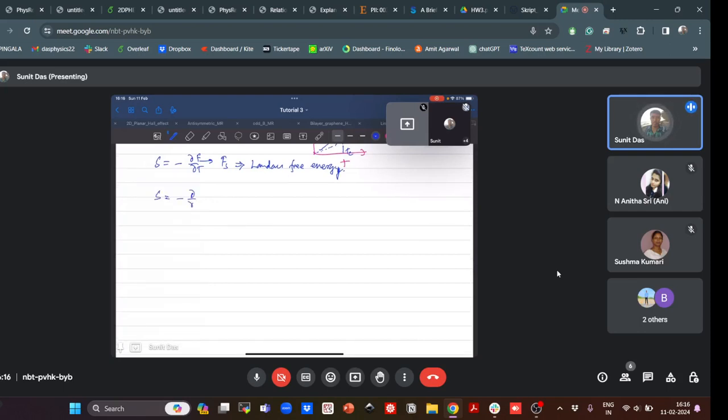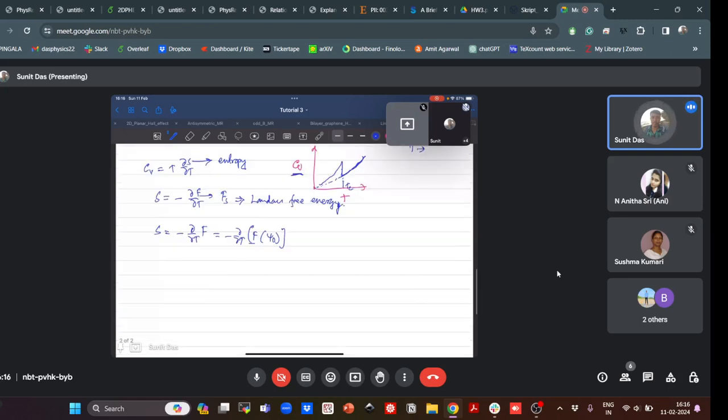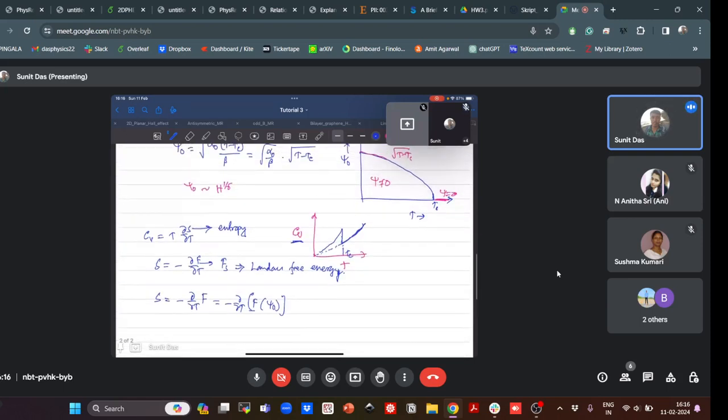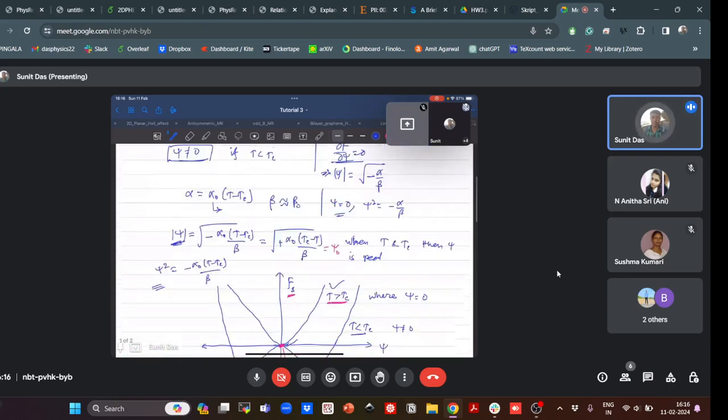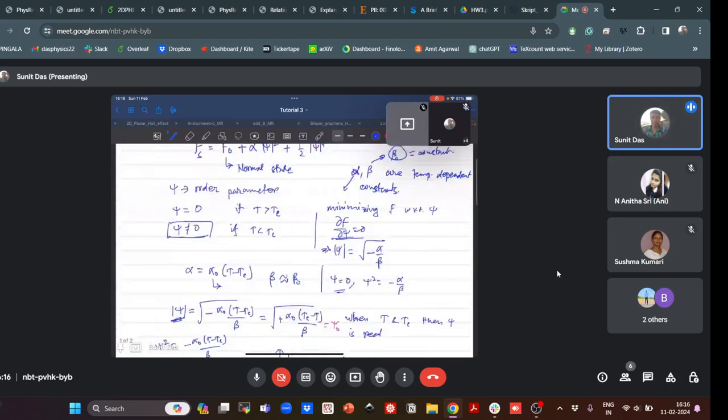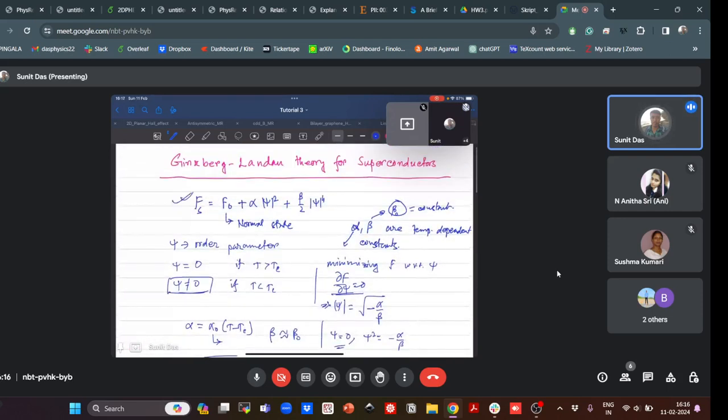So -∂_T of F, that means -∂_T of F at psi_0. So whatever we do, it is after minimizing this energy function.